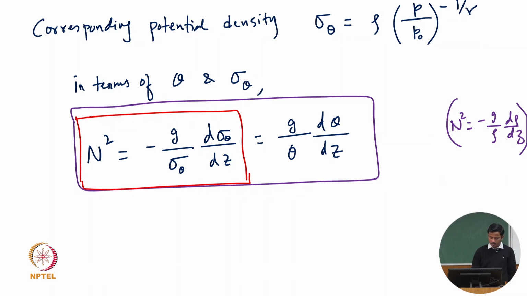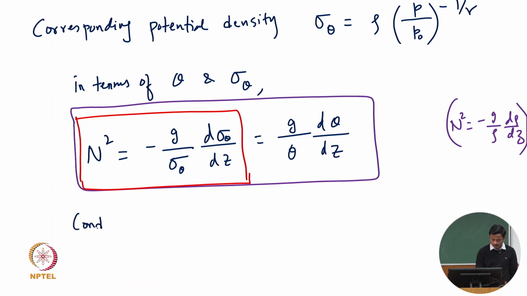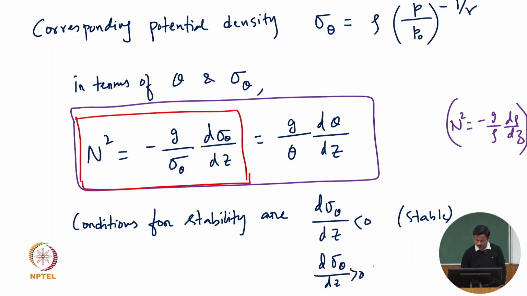So now, based on this, the conditions for stability are: d sigma theta by dz less than 0, this is the stable case, and d sigma theta by dz greater than 0 is the unstable case.